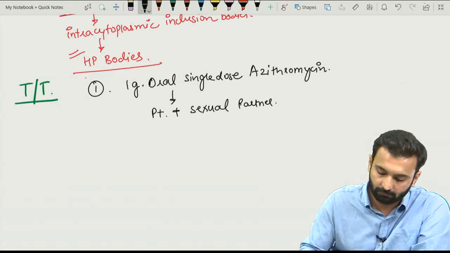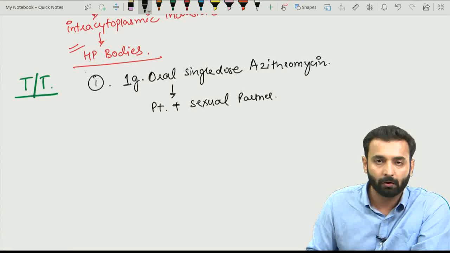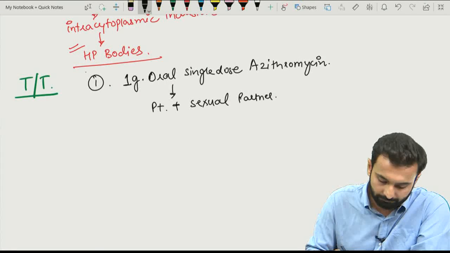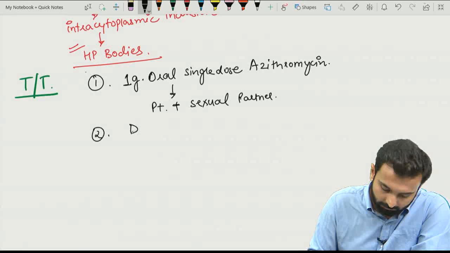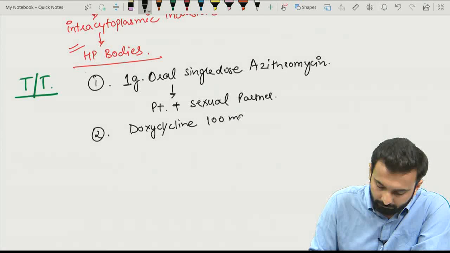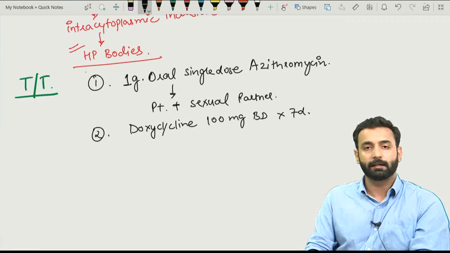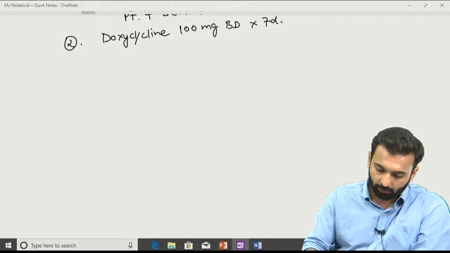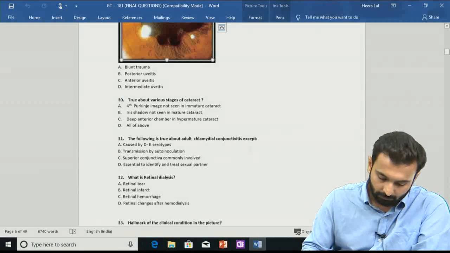Why? Because of the transmission of the disease, 90% of which is by auto-inoculation from the genitals. The second option is doxycycline 100 milligram BD for 7 days. So this is all about chlamydial conjunctivitis that you should keep in mind.